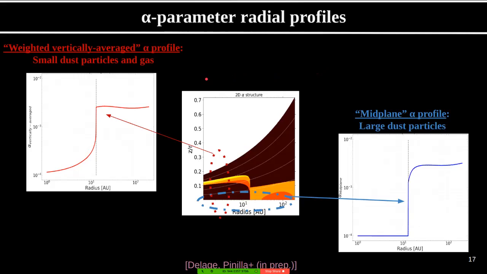So a better way to describe the turbulence felt by the small dust particles and gas will be a weighted vertical average. And here, the main difference between the red and blue profile is that the red profile is smoother, just because in the surface layers you have MRI that can launch waves towards the midplane and make the midplane more turbulent than it actually is.